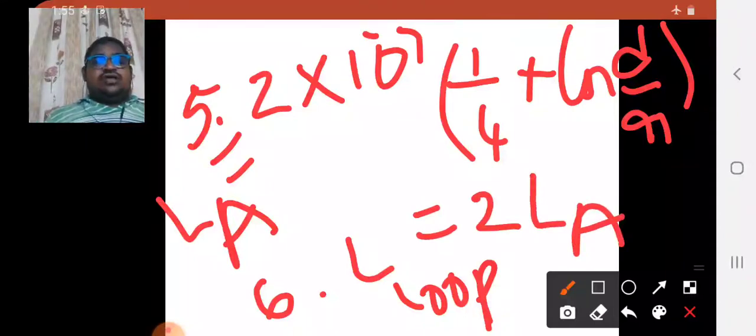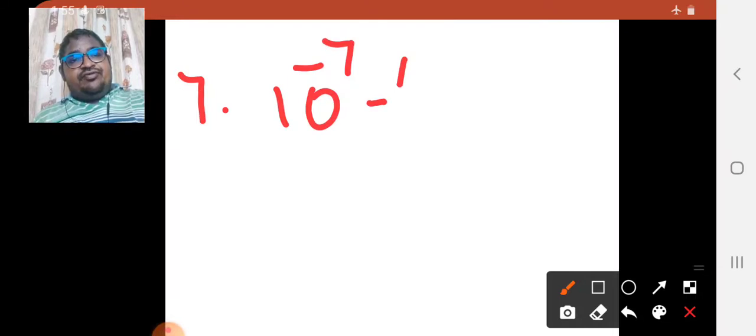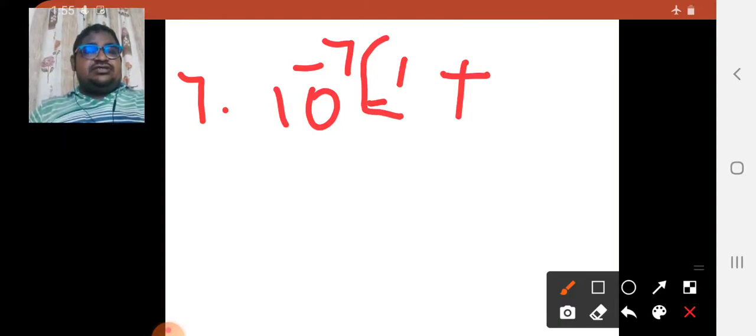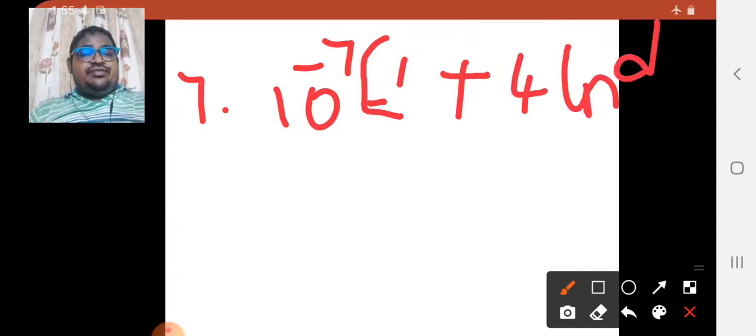So the loop inductance is 10 power minus 7 times, 1 by 4 will cancel if you insert 4 inside the brackets, so that is 4 into ln d by r.